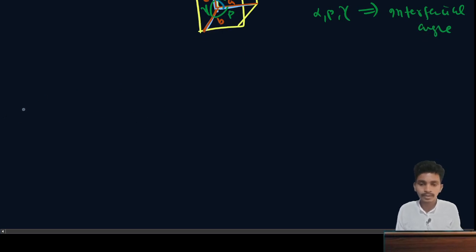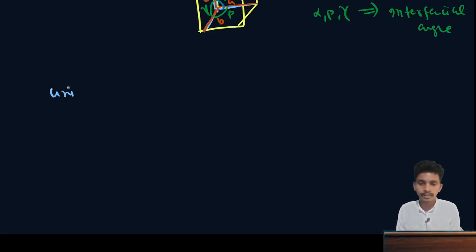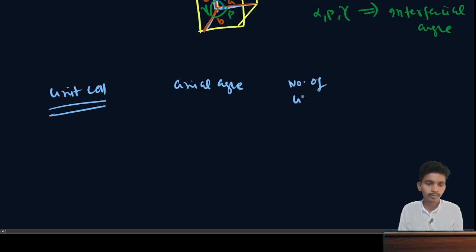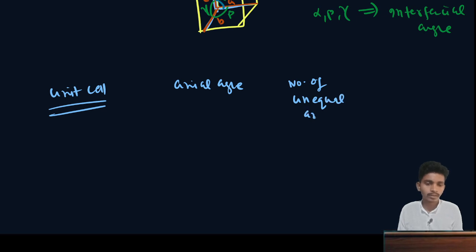So that classification will say, here I write unit cells, here I will write axial length, number of unequal axial lengths, and here I will write interfacial angles.